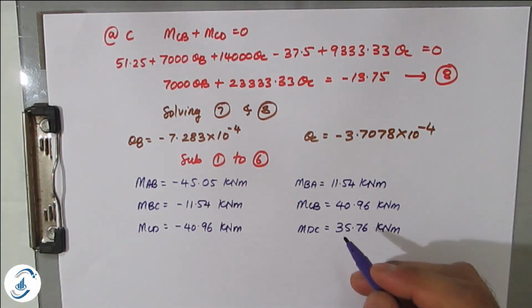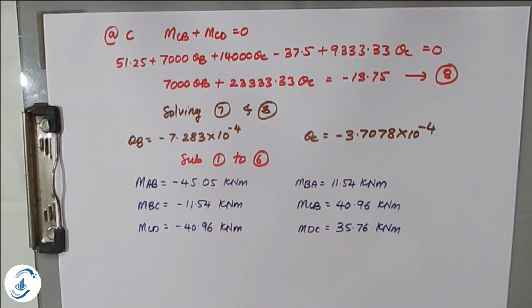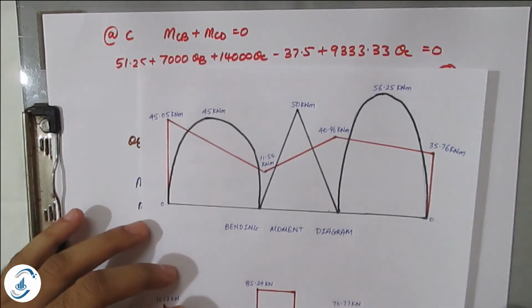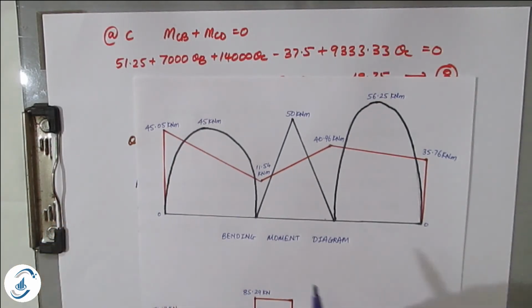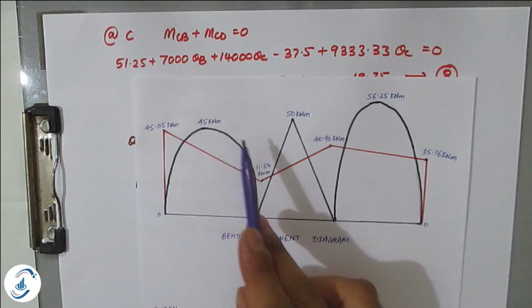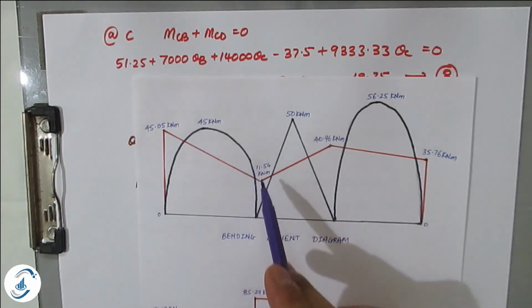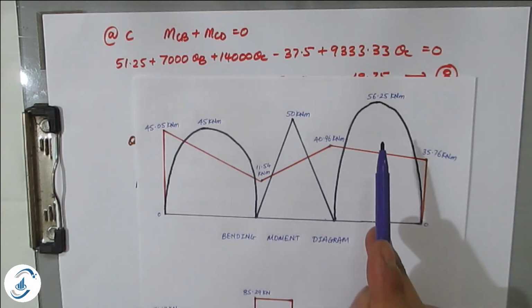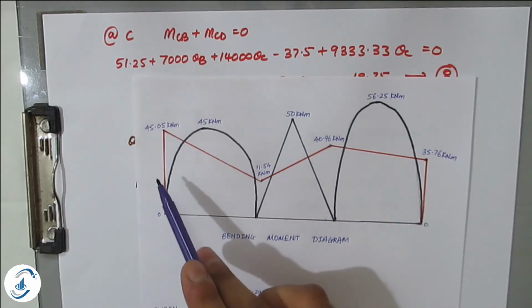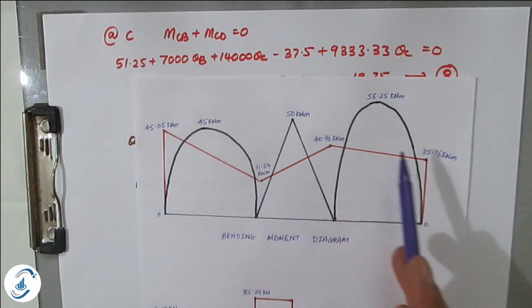And once you do this, you have to draw the bending moment, and the bending moment will be a pattern like this. Whatever black shading you can see is for the loading, and whatever red marks you see are your end moments.